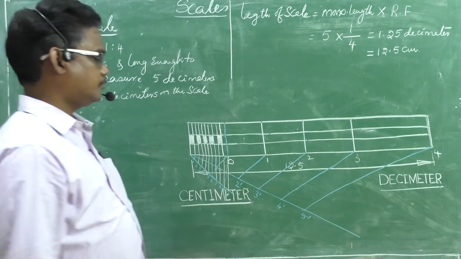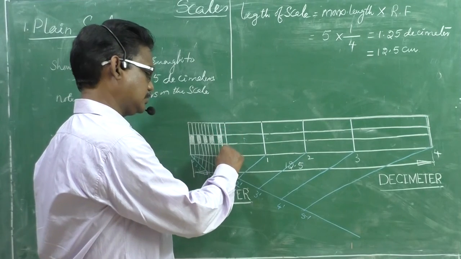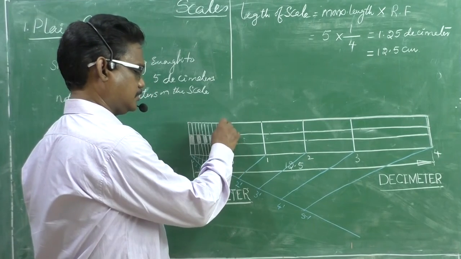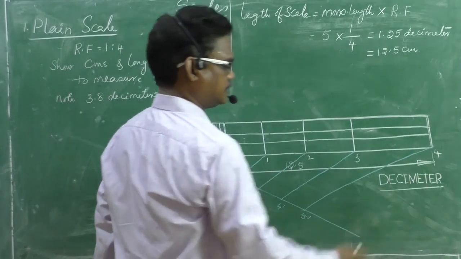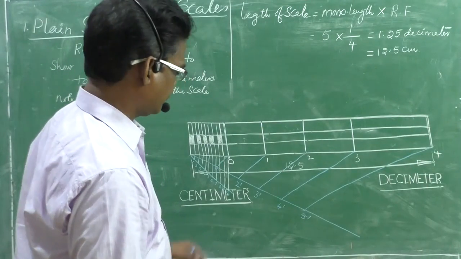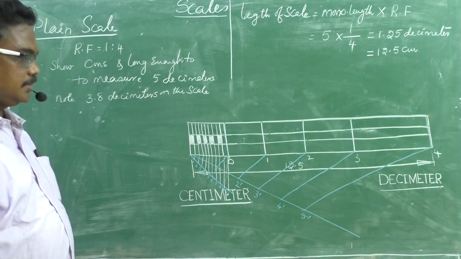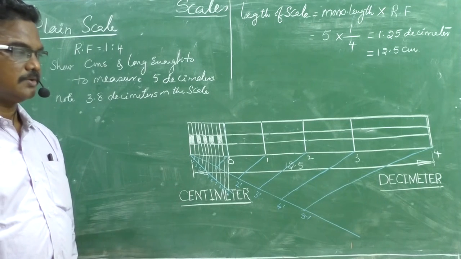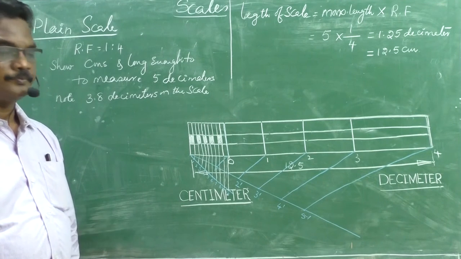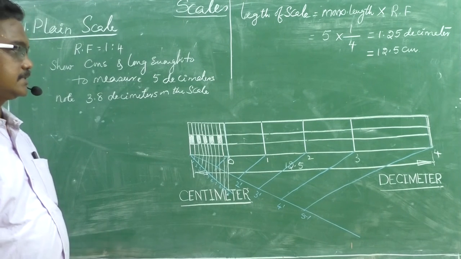We put 0 at the first division. Here 0, and here the decimeter in the scale, and here centimeters. Likewise we need to mark, with respect to decimeter and centimeter, on the left side and right side.